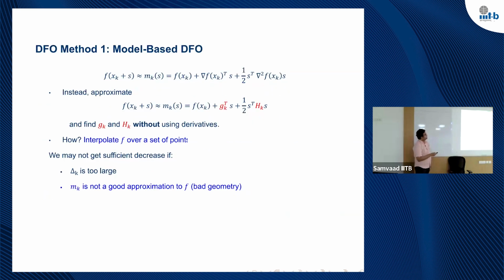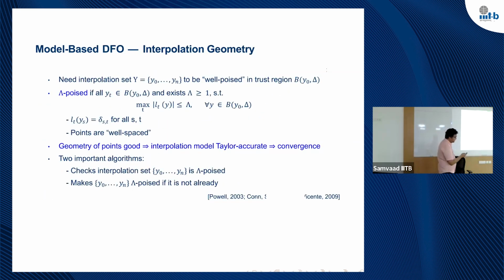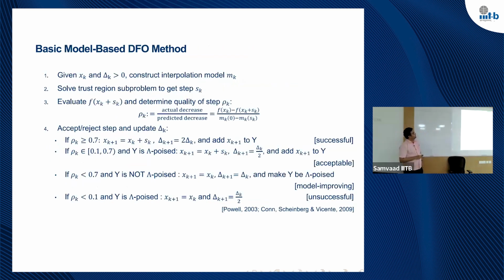They are the Taylor's bounds. Within certain trust region radii, and with certain assumptions on Lagrange polynomials, you can ensure that the interpolation model that we build is going to be very close to the actual Taylor series expansion. This is a basic trust region method for derivative-free optimization.